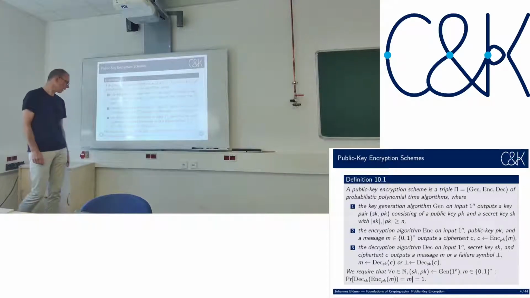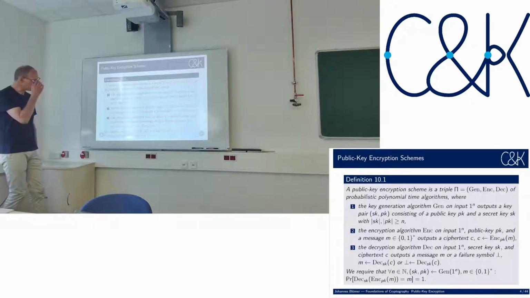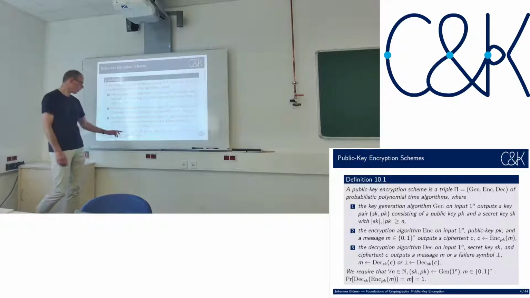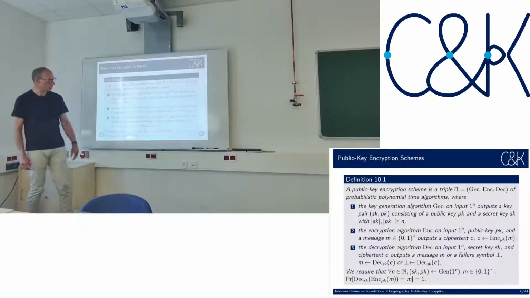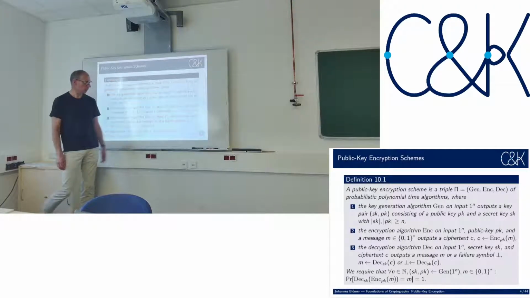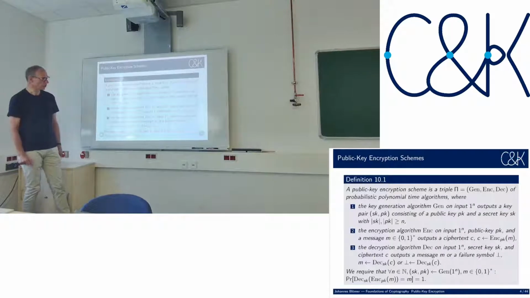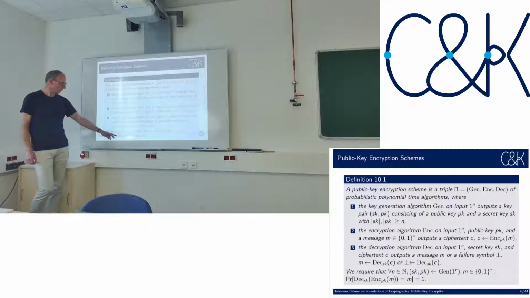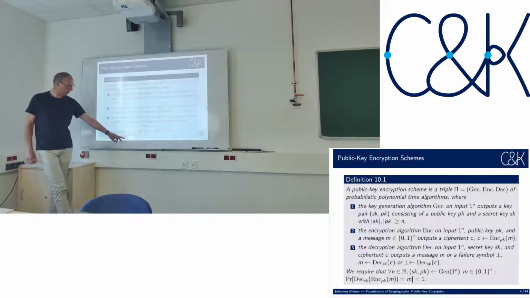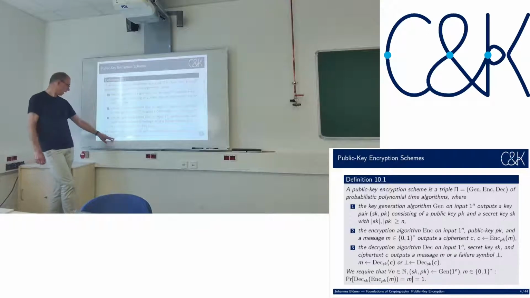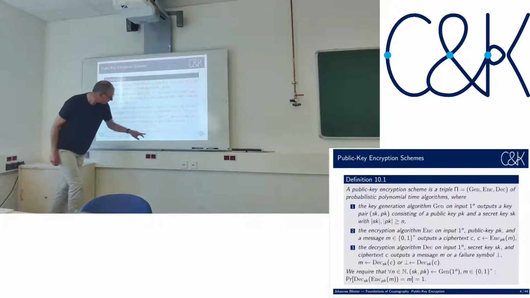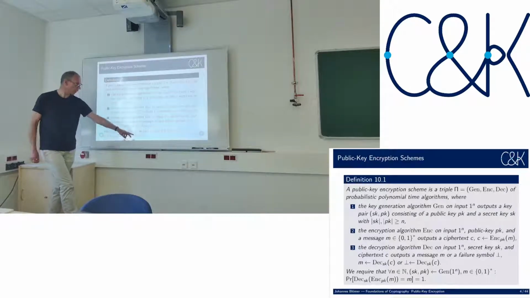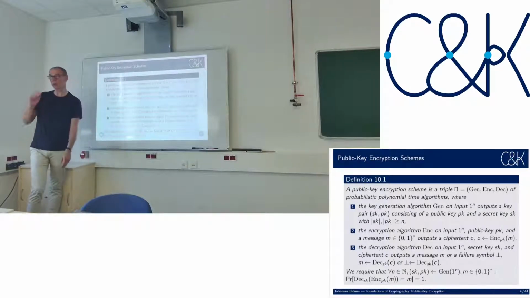And as usual, we have the correctness requirement, namely, we require that for all integers n, all pairs of secret and public keys generated with Gen on input 1^n, and all messages m, if we first encrypt m under public key PK and then decrypt under the corresponding secret key from this pair, then we get back our original message with probability 1.